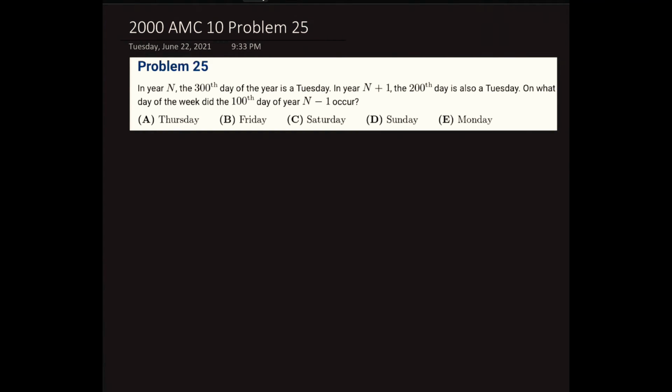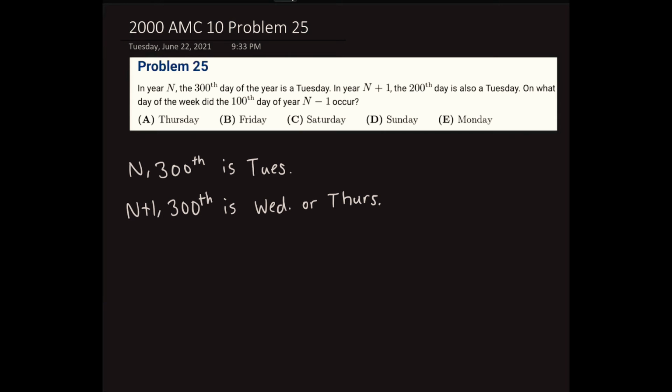So we know that in year n, the 300th day was a Tuesday. Which means that in year n plus 1, the 300th day is going to be a Wednesday, or it might be a Thursday. And we know that the 200th day in year n plus 1 is a Tuesday.